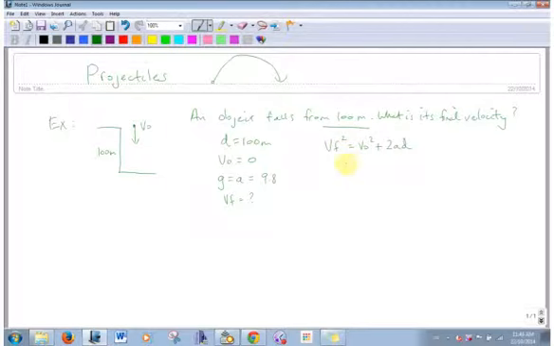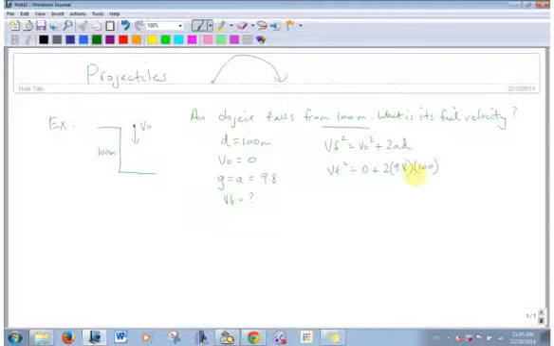Don't forget the squared on the other formula that has a t squared. Okay, this should work. I'm trying to find VF. So VF squared is VO, which is 0, so that's gone. That's nice. Plus 2 times the acceleration 9.8 times the distance, 100.